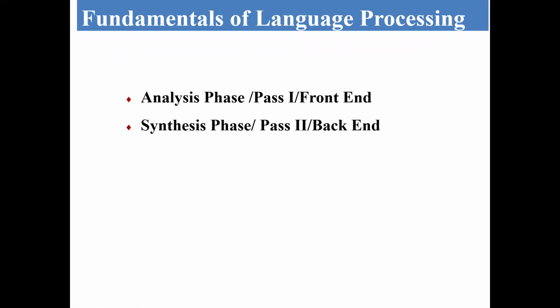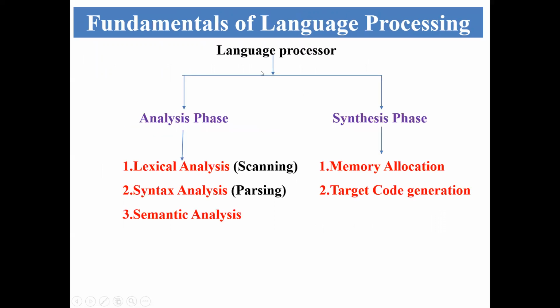Now we will go into detail of the analysis phase and synthesis phase. First, in the analysis phase, three types of analysis are done by the language processor: first, lexical analysis; second, syntax analysis; and third, semantic analysis.